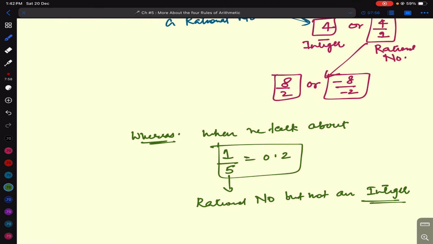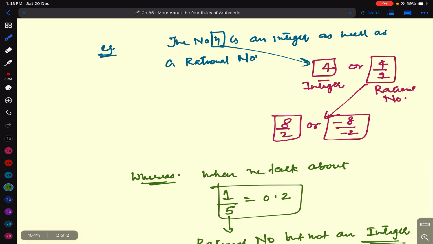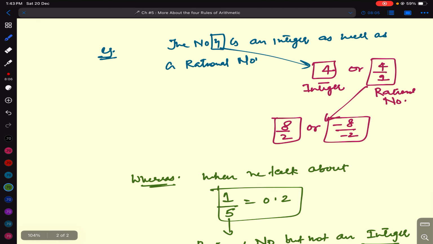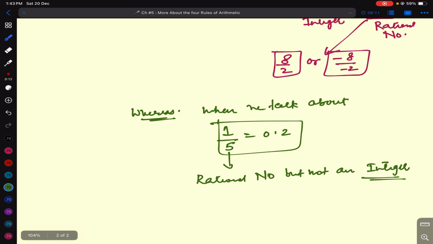So what I'm trying to explain is that 4 was an integer as well as a rational number, as it could be represented as 4 or 4 over 1, but 1 over 5 is a rational number but not an integer. So we can say that rational numbers are a superset of the integers and integers are a subset of the rational numbers. Clear?